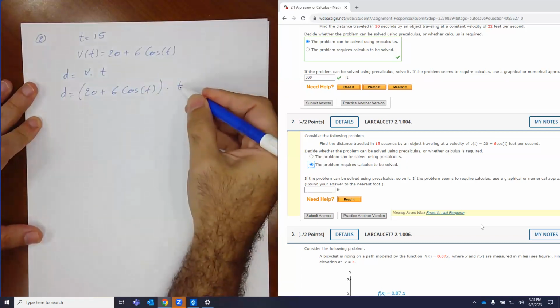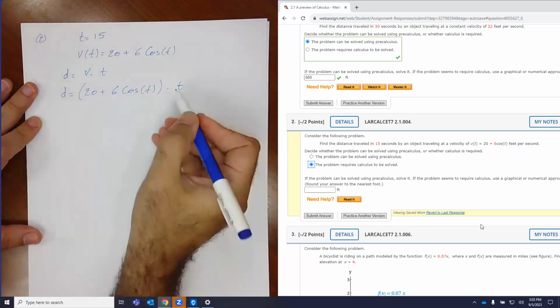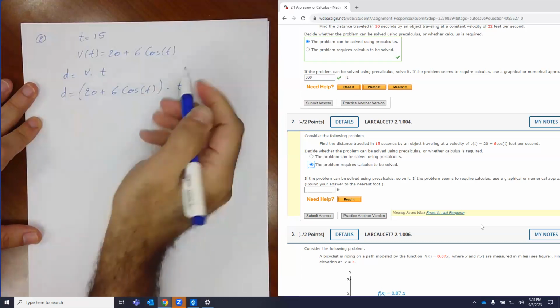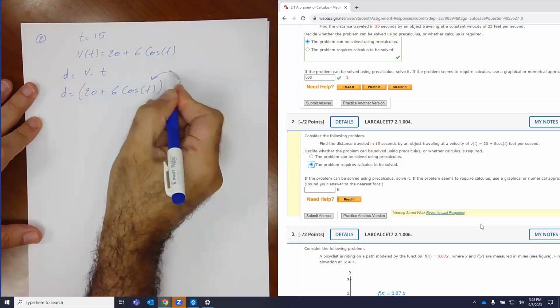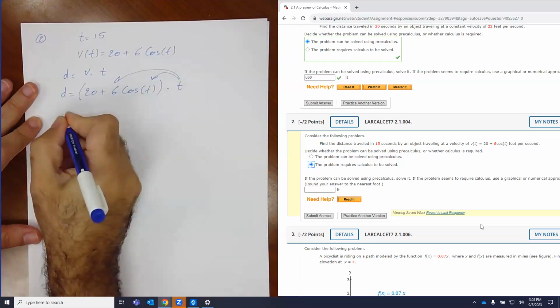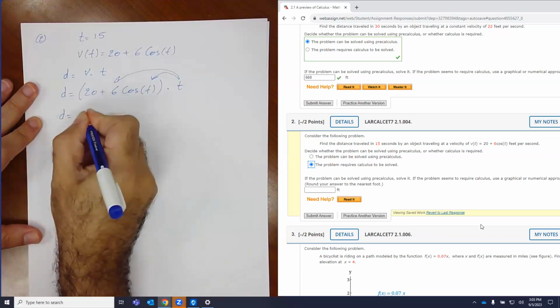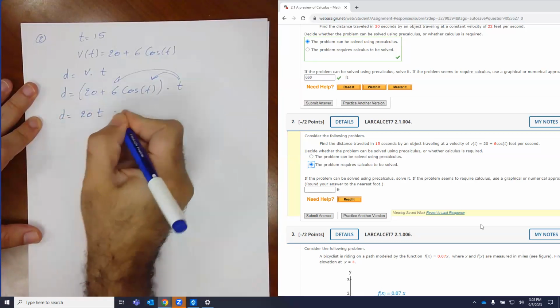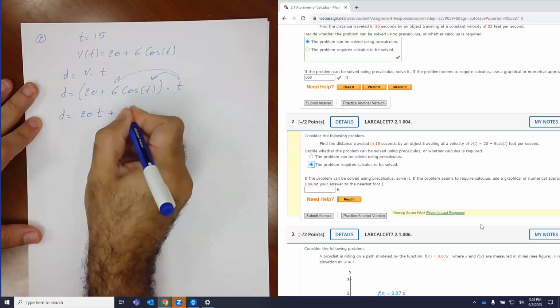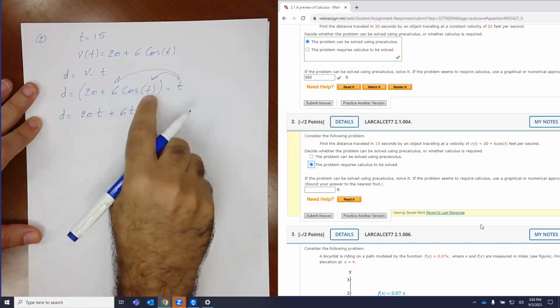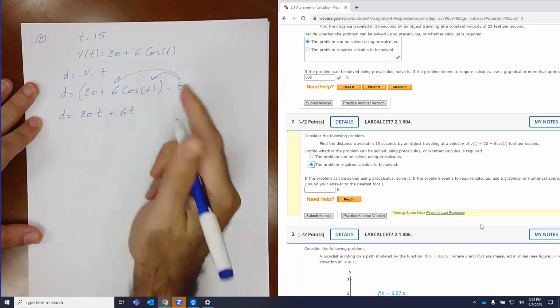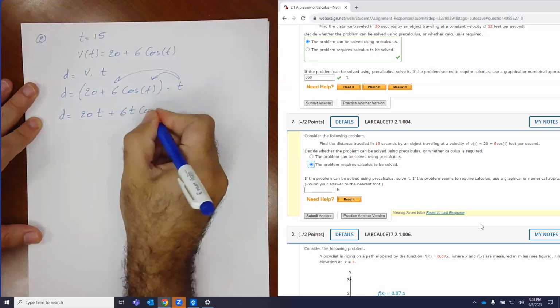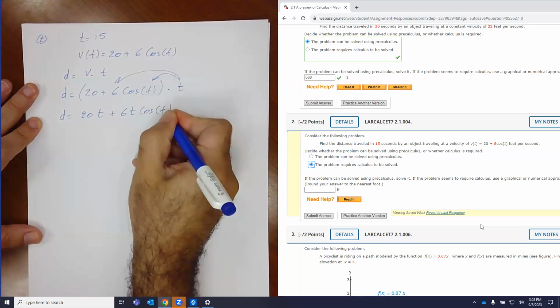You can just plug in the time t, which is 15. Next step, because I have a plus here, I'm going to distribute the time. That means the distance is going to be 20t plus 6t. Be careful, the t is not going to go here. The whole thing is the function cosine t.